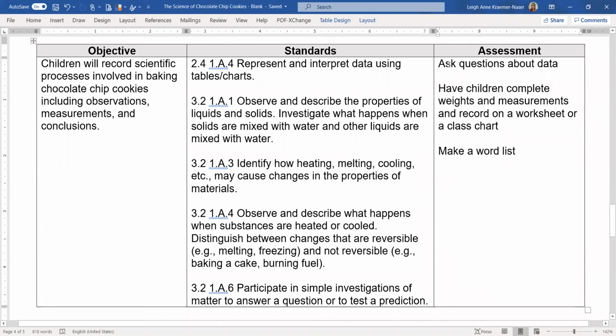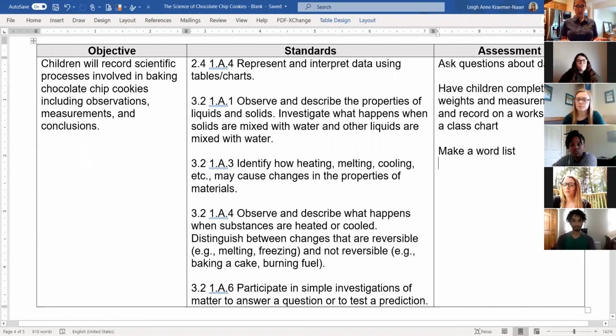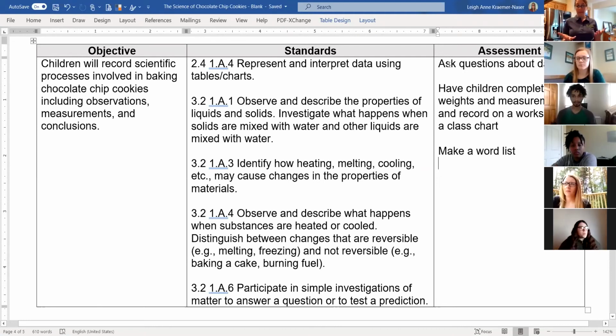If we're thinking about what happens when things are heated or cooled, and we're thinking about documentation and making those observations, what's one way we could remind the students what they've seen? Pictures. Yeah, great, Rashad. We can definitely take some pictures of the cookie dough and maybe record something like that.